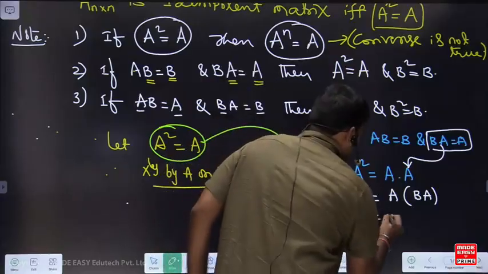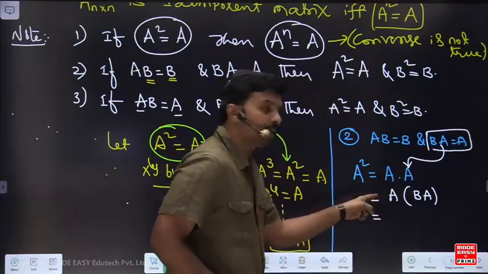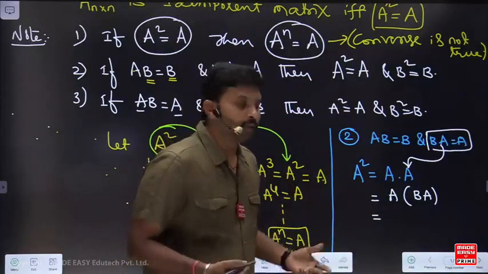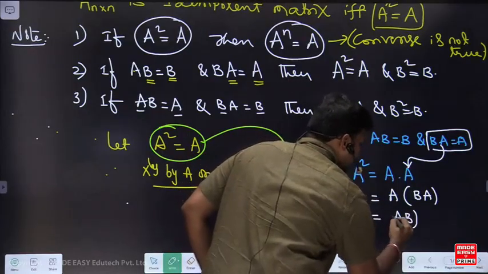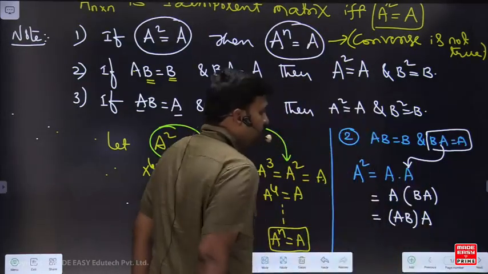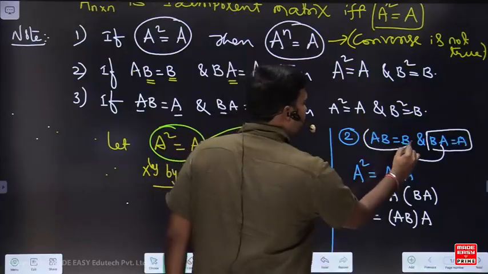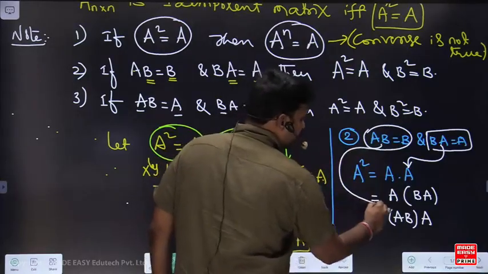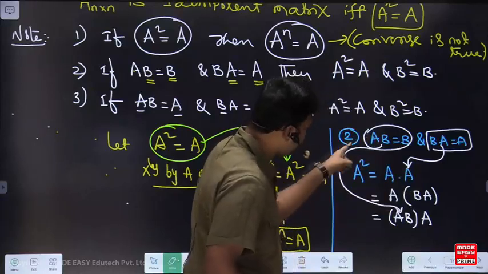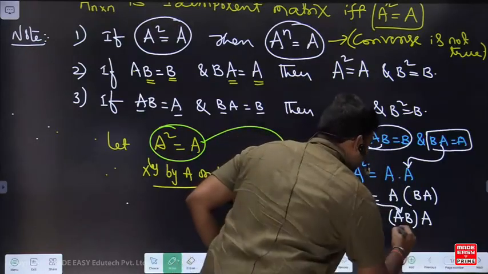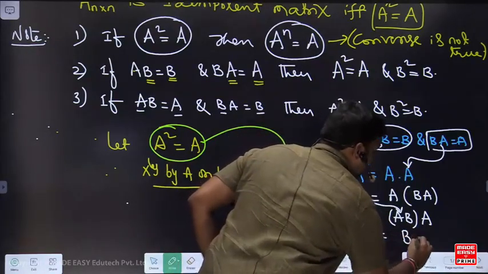Now, matrix multiplication is associative, so we can write this as AB into A here. Now, what is AB equal to? AB is equal to B here. I have already used this case, and now I am using this case. So I am getting here BA.